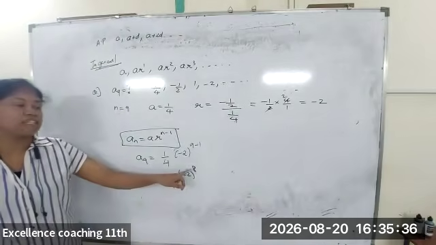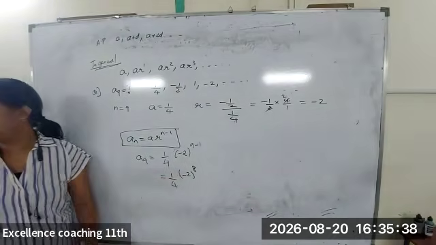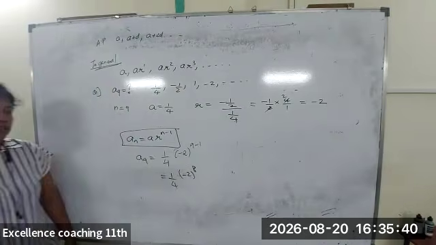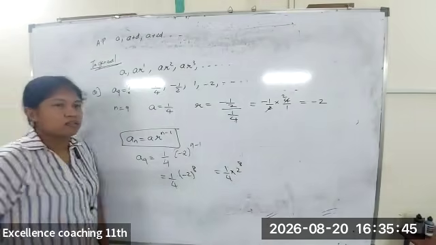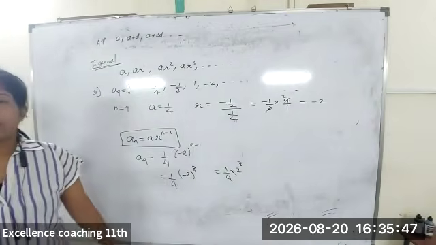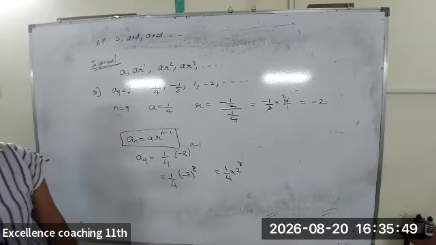Now, a negative raised to an even power will always be positive. So then the minus will go. Now 2 raised to 8, so you can calculate.